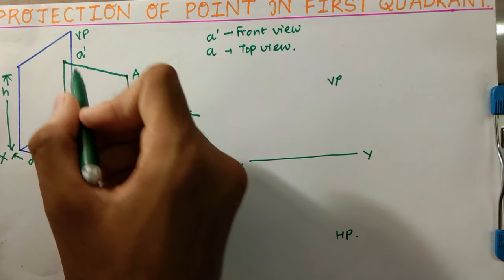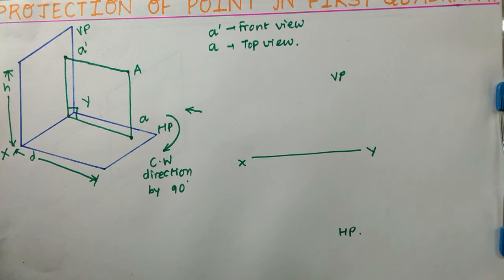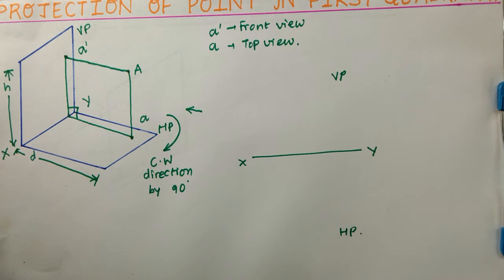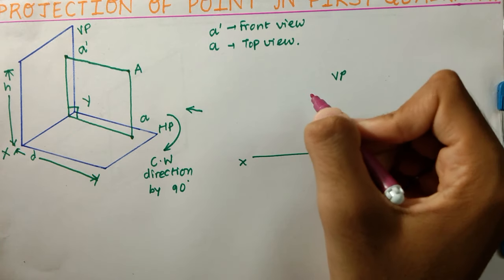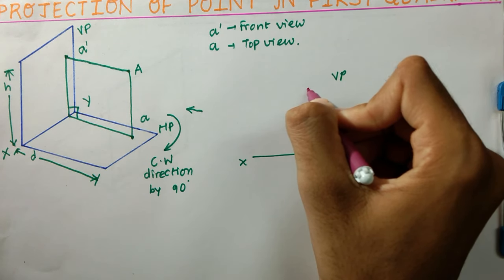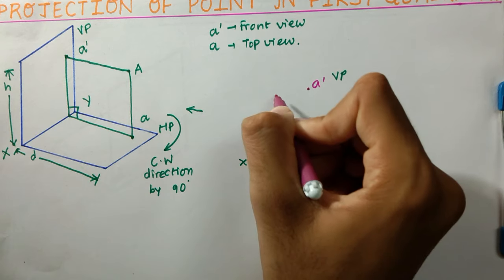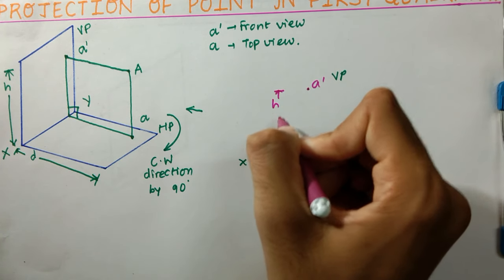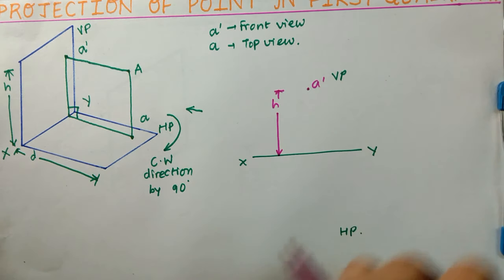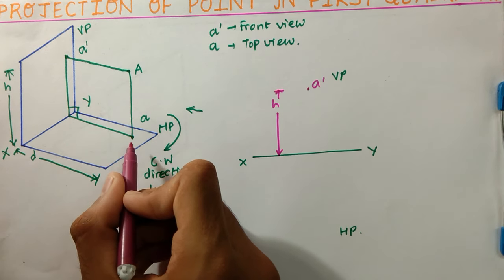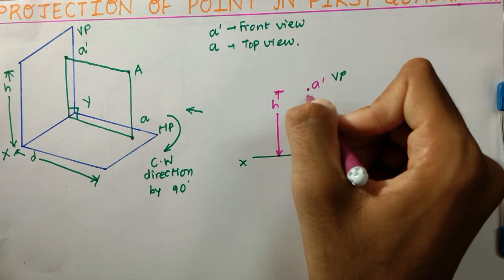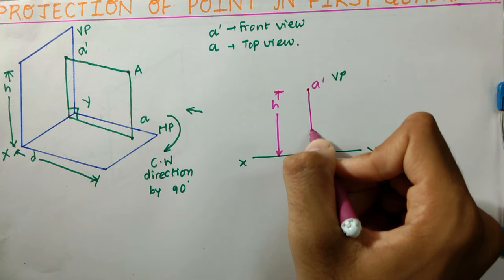Now, we have to locate this point A dash. So, we consider a point A dash lying in the vertical plane. Let the point A dash lie here at a distance of h from the reference line xy. Now, an important step is that we have to note down this projector also.